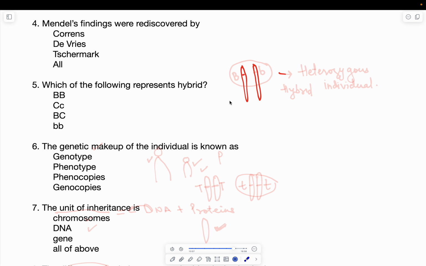If this is the locus for a particular gene, the different alleles at this locus will represent a heterozygous individual, right? So this is a heterozygous individual, or you can call it hybrid.